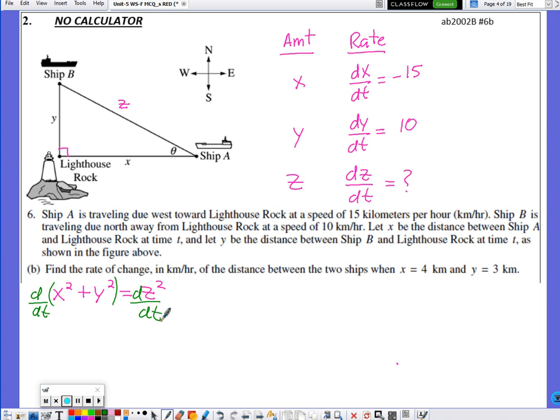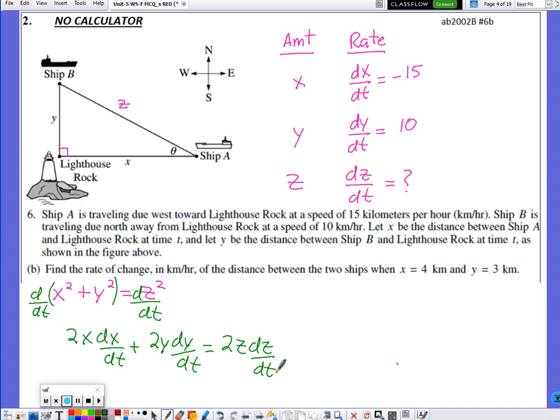I'm just hurrying because of the bell. These are all variables, so you have to use the rules. So it's 2 times x dx dt plus 2 times y dy dt is all equal to 2 times z dz dt.